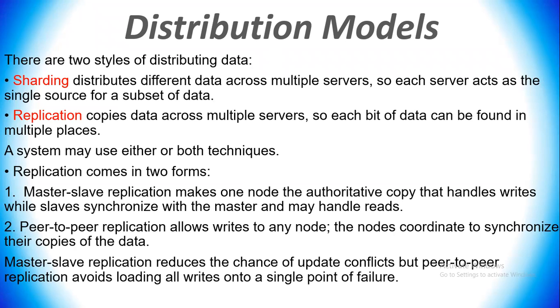But in peer-to-peer replication, there can be conflicts when two users update the same data at the same instant. For example, one user updates a particular data at node 1. Another user does the exact same thing at the exact same time, but at node 3.